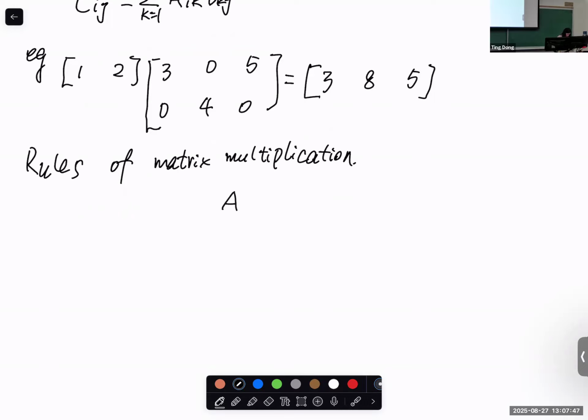Basically, if we have three matrices, we can calculate the multiplication of the first two and then multiply by the C matrix, or we can calculate the multiplication of the B and C matrices and then multiply by A. That A should be on this side. So this is the associative rule.